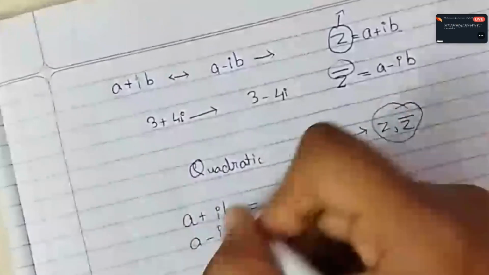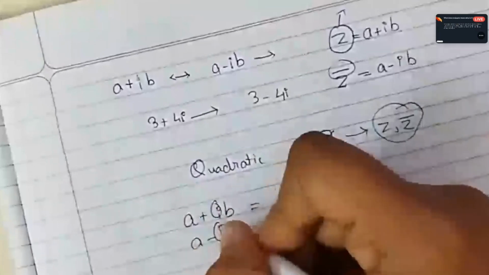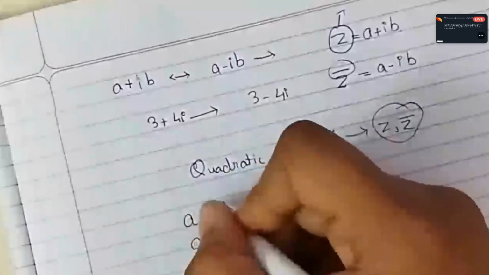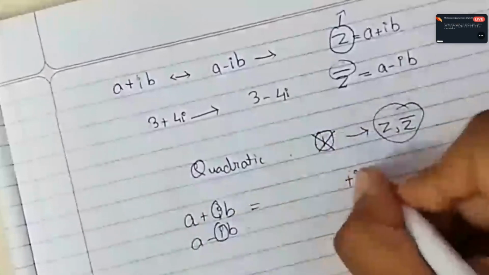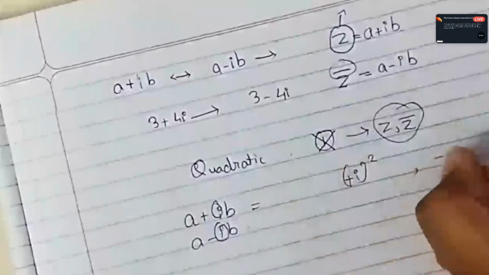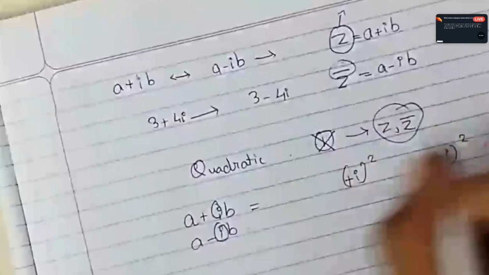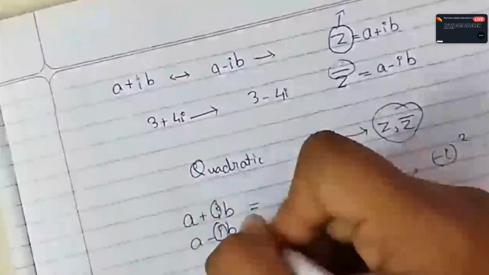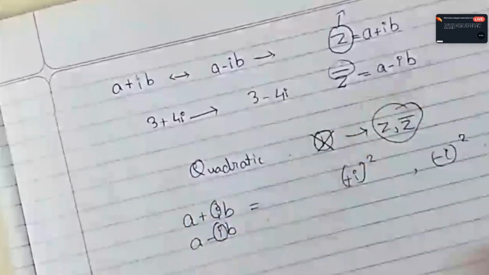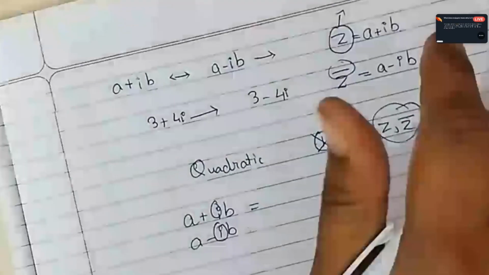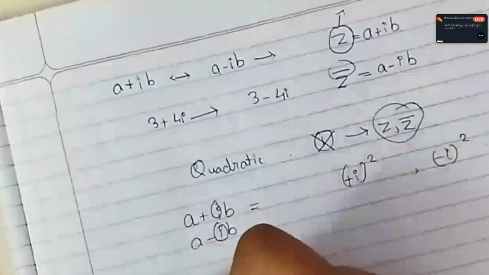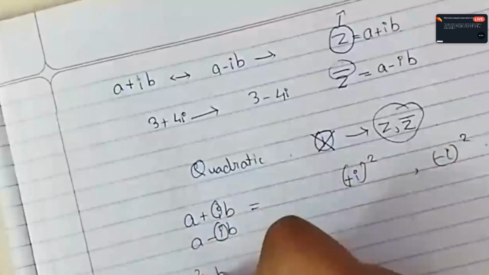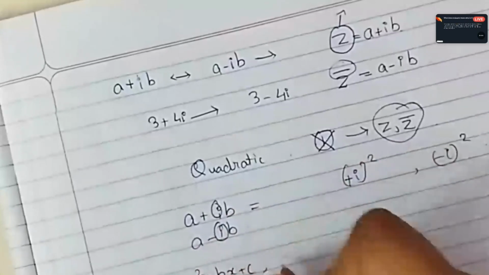That is because if you square both of these terms, the real part of this equation is the same, because plus iota square and minus iota square are going to be the same. So the real part of both of these terms is going to be the same in any equation you put them in. Where the catch is, let's say this is the equation, right?